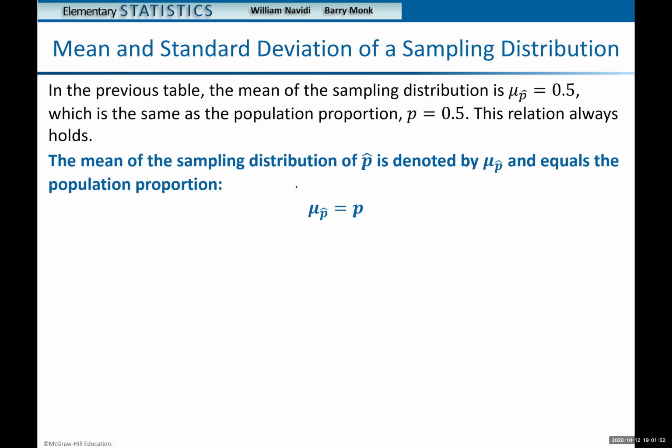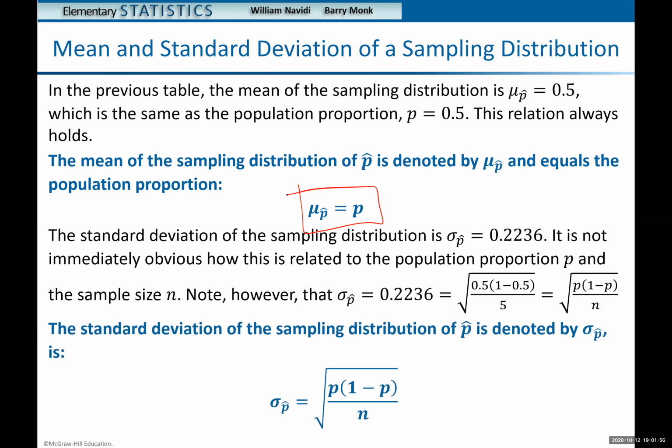So take note of this formula. And this time, your standard deviation is equal to the square root of p times 1 minus p over n. So copy these two formulas for mean and standard deviation.